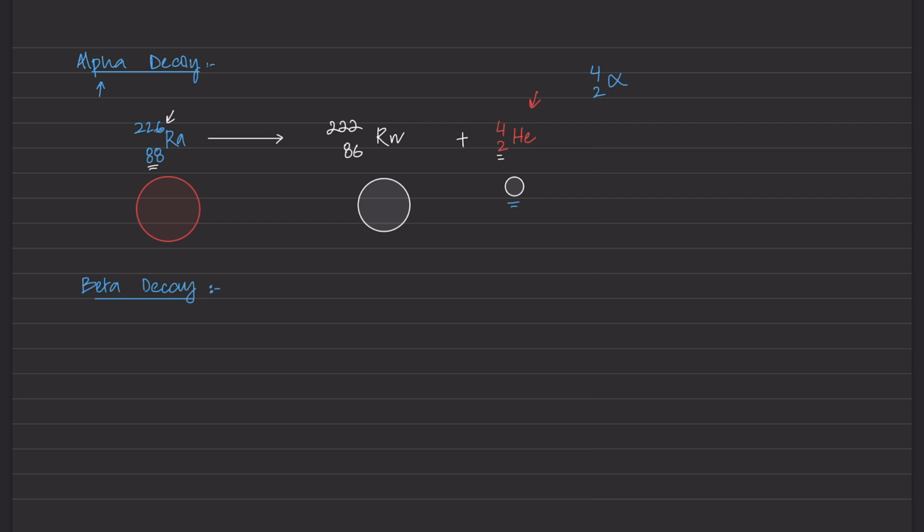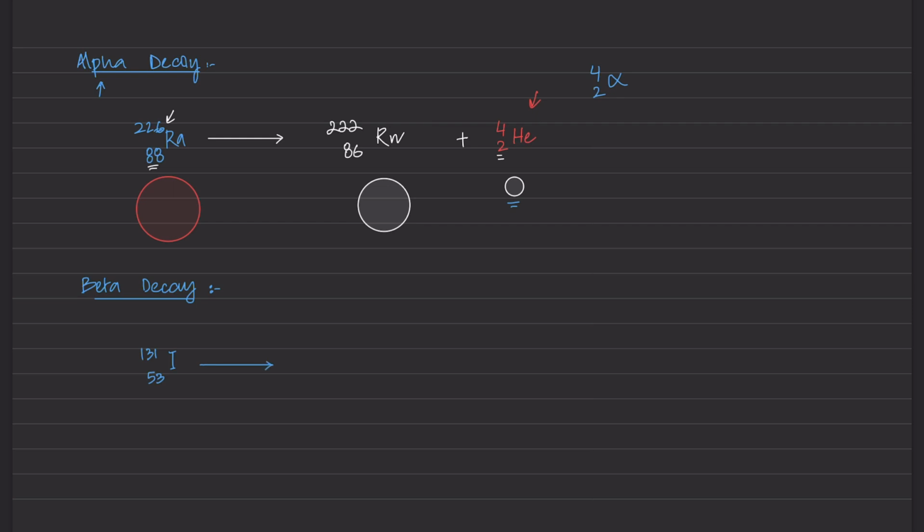Let's say we have iodine-131, with proton number 53. Now what leaves from this?